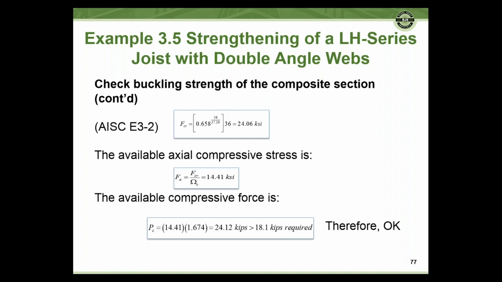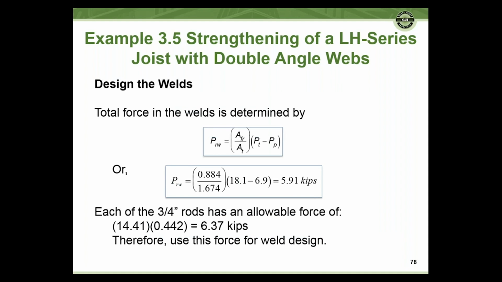For our available compressive stress, we divide that by omega for compression, and we get an available compressive stress of 14.4 ksi. So our available compressive force for our reinforced member is 24.12 kips, greater than our required force of 18.1 kips, so our reinforcement is okay. That compression member is going to be just great for now.